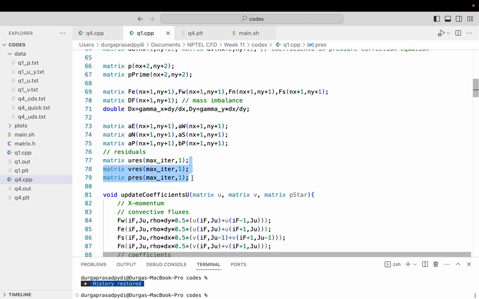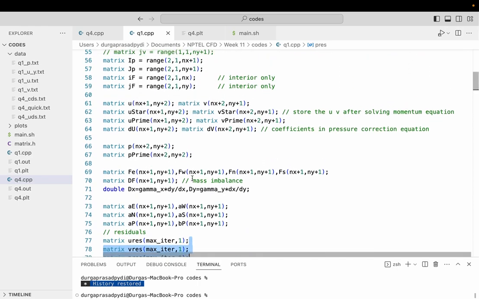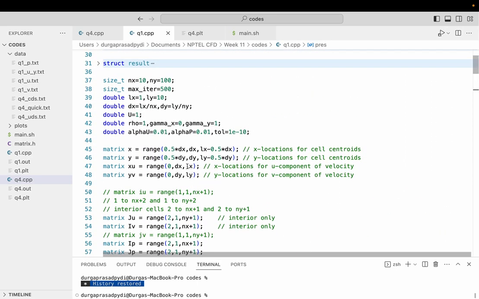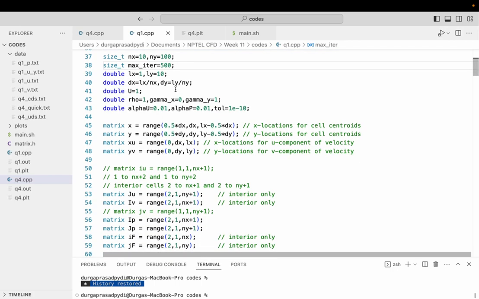because of your nonlinearity, you should not always try to solve completely. So I put a limit on the number of iterations. I am limiting the number of iterations to say 500 or whatever number you want. If you are not keeping an iteration limit, you have to keep your tolerance limits a little lower.